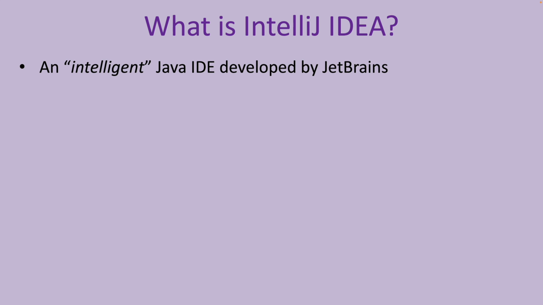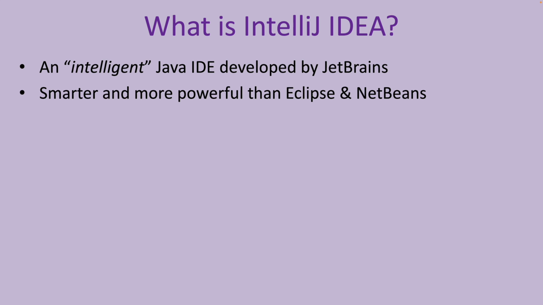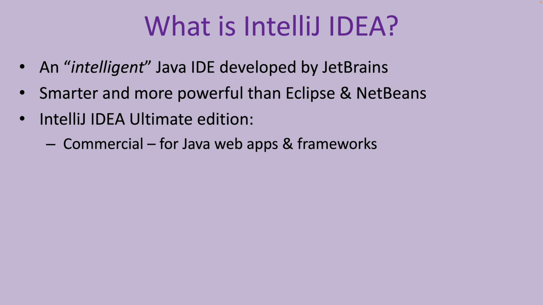So what is IntelliJ IDEA? It is an intelligent Java IDE developed by JetBrains company. It is smarter and more powerful than Eclipse and NetBeans, so IntelliJ IDEA is widely used by many programmers and developers around the world. And the IntelliJ IDEA Ultimate Edition is a commercial edition.